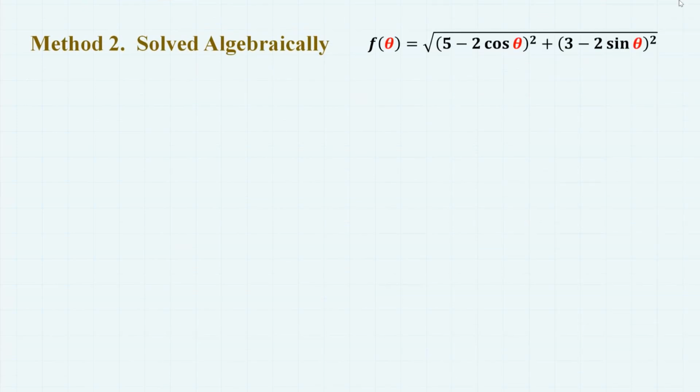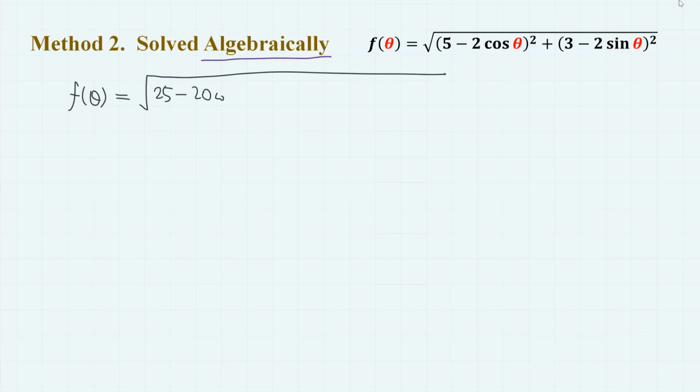But this problem also can be solved quite easily if we just use the algebraic method. By expanding the given function, we have 25 minus 20 cosine theta plus 4 cosine squared theta, then plus 9 minus 12 sine theta plus 4 sine squared theta.